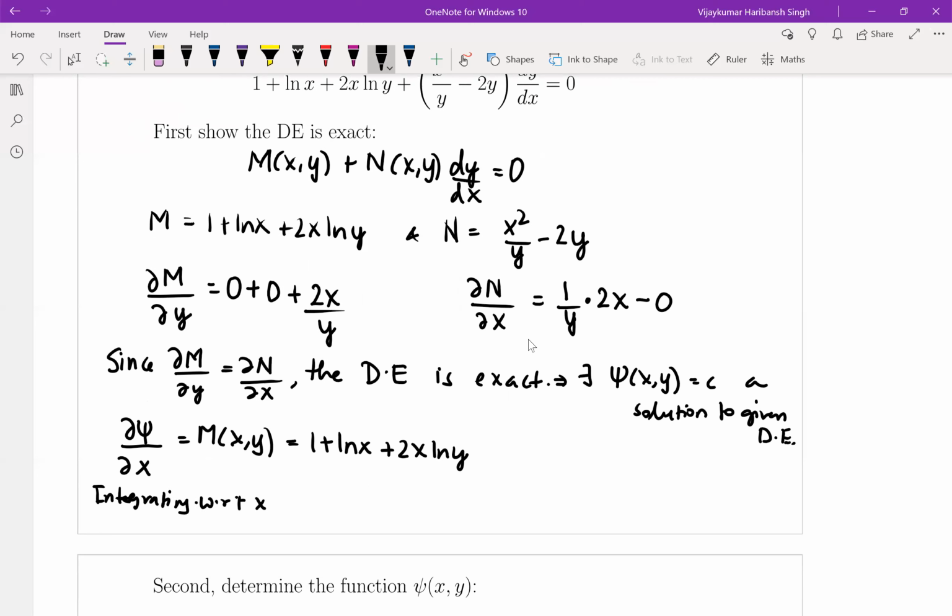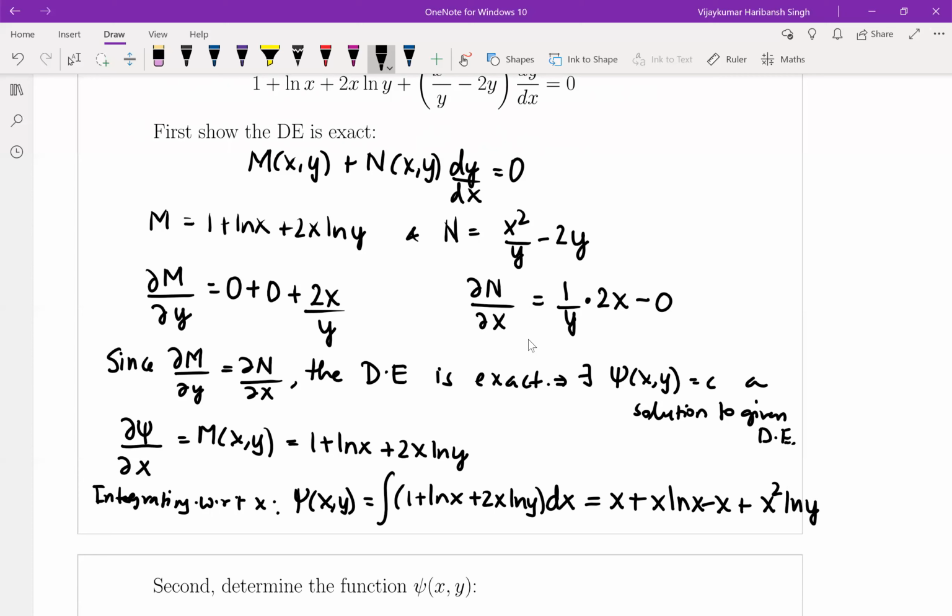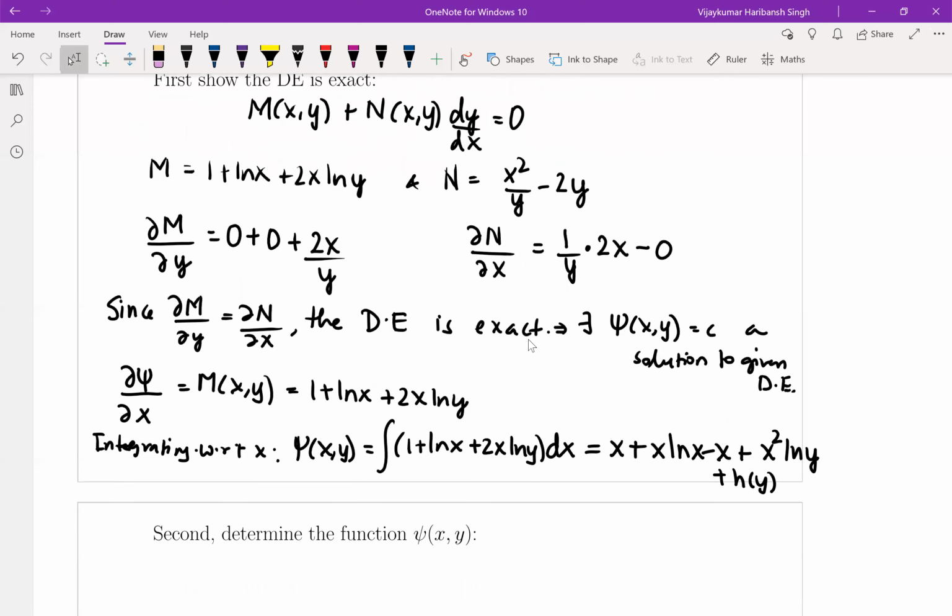So you will see that is equal to x ln x minus x, and integration of the last term with respect to x: ln y is a constant, so you get x squared ln y, and then plus h of y. Or in other words, we have phi of x,y equal to x ln x, because these x will cancel each other out, plus x squared ln y plus h of y.